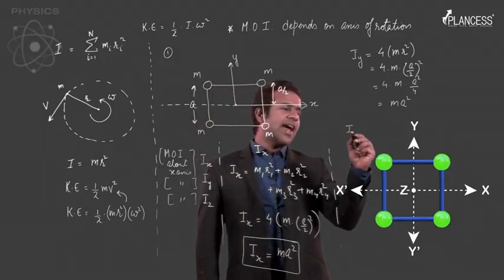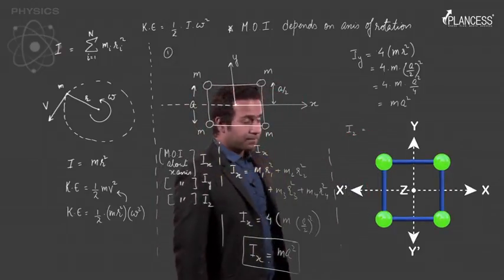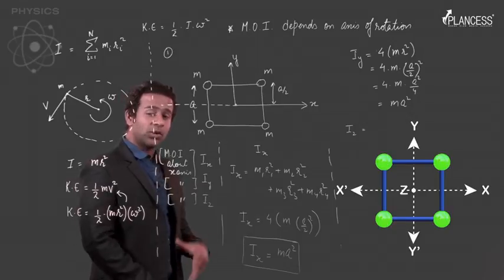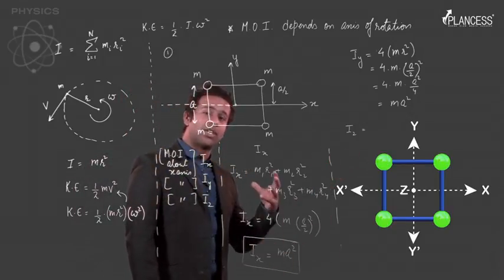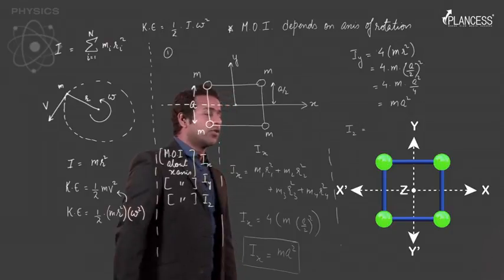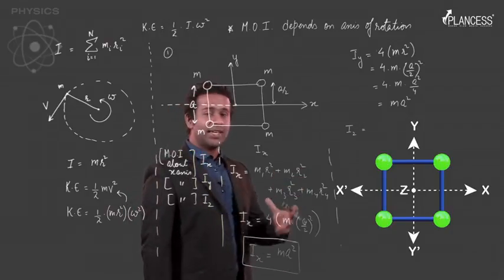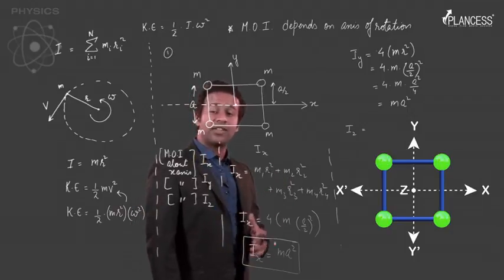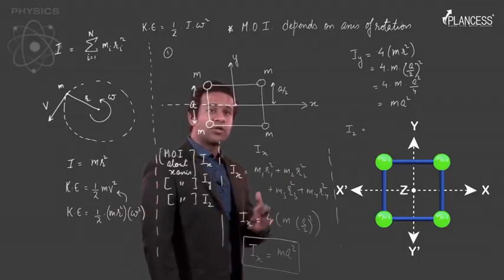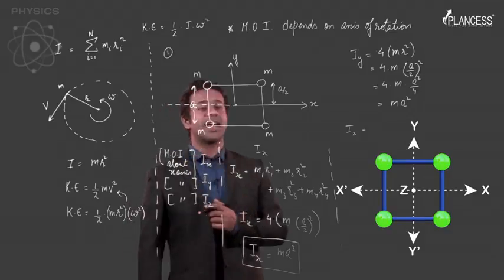Moving on to the z-axis, Iz. Now when we come to Iz, we have to look at the rotation about the z-axis, right? So when that happens, you can see that the radius is basically equal to half the diagonal. So let me show it to you on this diagram.